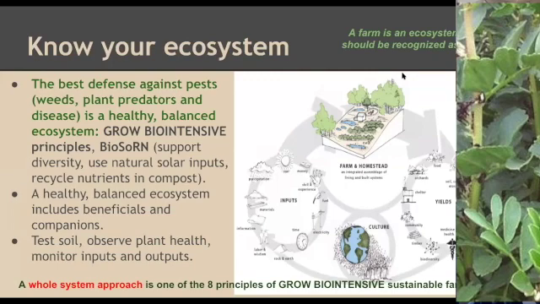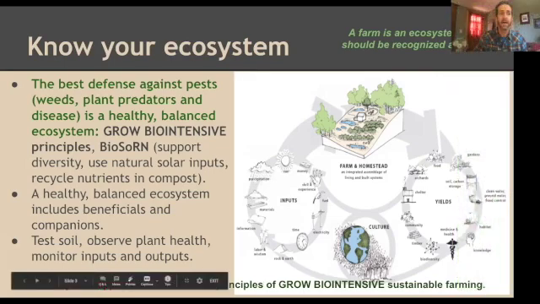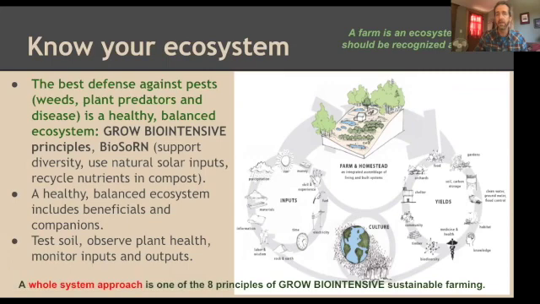And the reason we talk about companions in general is sort of described in the upper right-hand corner there. It refers to this idea that a companion is part of an ecosystem. And a farm is truly an ecosystem. This is one of the most important lessons that I want you all to be aware of as we do sustainable agriculture, is that a farm is an ecosystem.